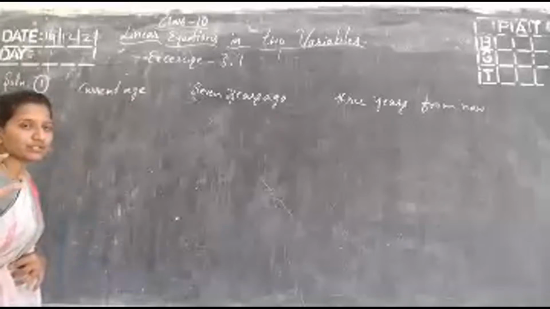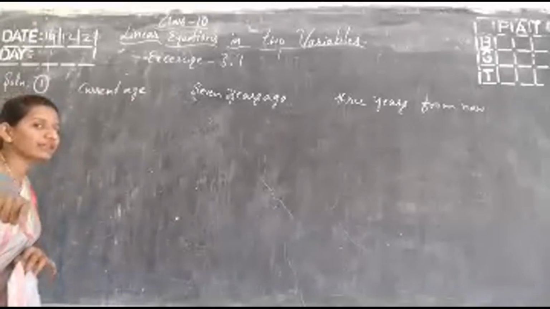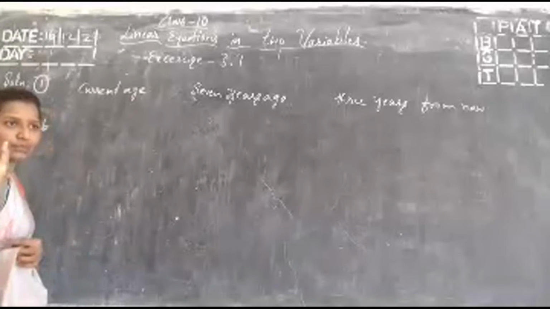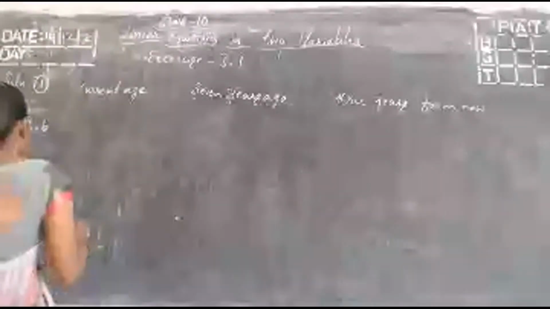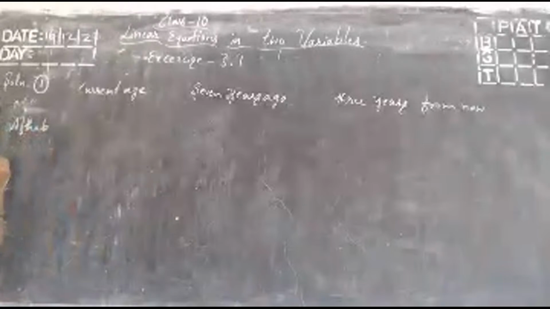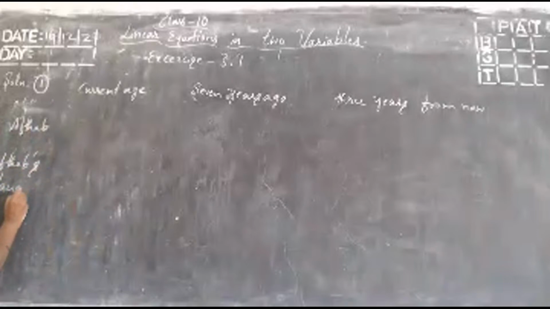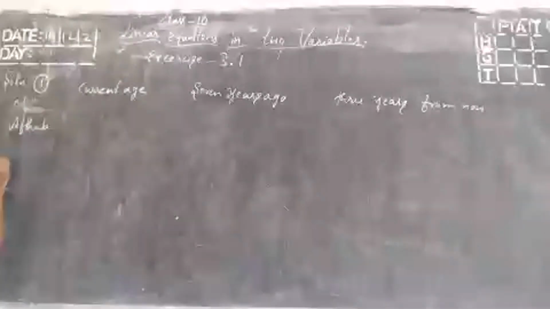Writing equations is difficult. Solving equations is easy. If you write the equations properly, then you can solve easily. And Aftab's daughter.